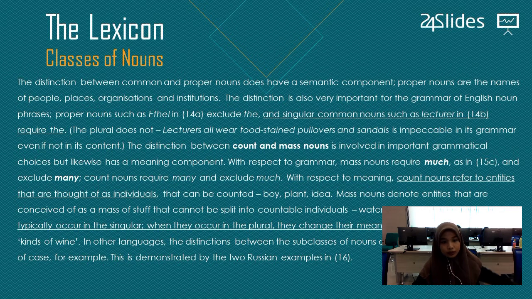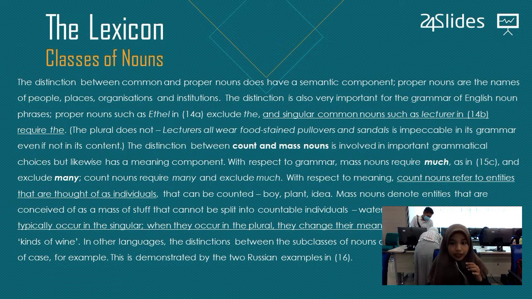The plural dozen lecturers wear foot-stained pullovers and sandals is impeccable in its grammar even if not in its content. The distinction between count and mass nouns is involved in important grammatical choices, but likewise has a meaning component. With respect to grammar, mass nouns require much, as in 15c, and exclude many.